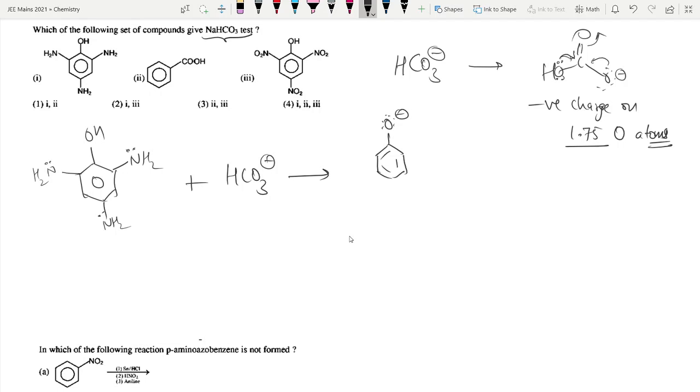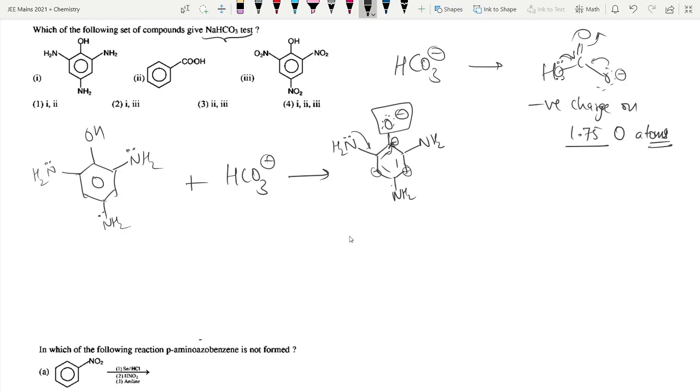So here, and then you have NH2. What NH2 does is it generates minus at this carbon. That NH2 group also will generate a minus charge at this carbon, and this NH2 will also generate minus charge at these carbons. So there is too much electron density in the ring, so the ring wouldn't help this oxygen.